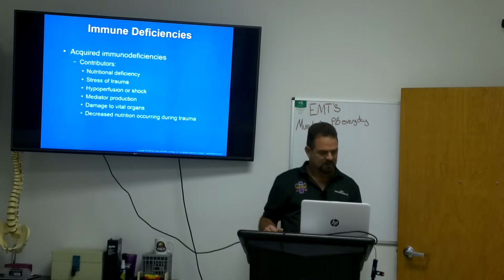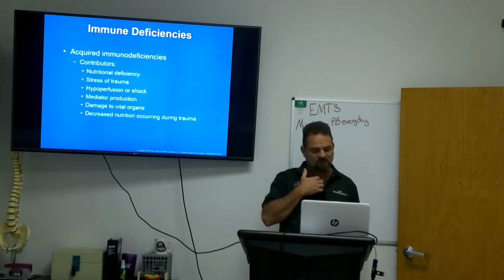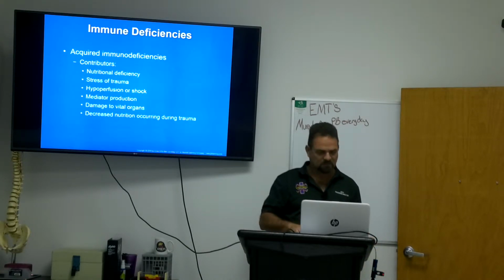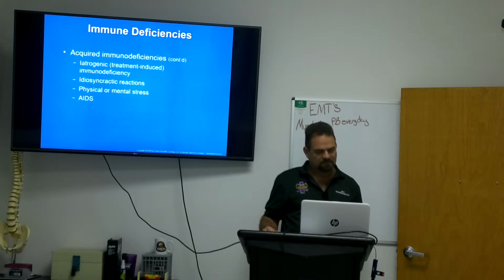viruses. Acquired immunodeficiencies have some contributors: nutritional deficiency, stresses of trauma, hypoperfusion or shock, mediator production, and then damage to vital organs and decreased nutrition. Also, iatrogenic treatment-induced immunodeficiency. Often there is a therapeutic benefit when we do this, though it may lead to other diseases.